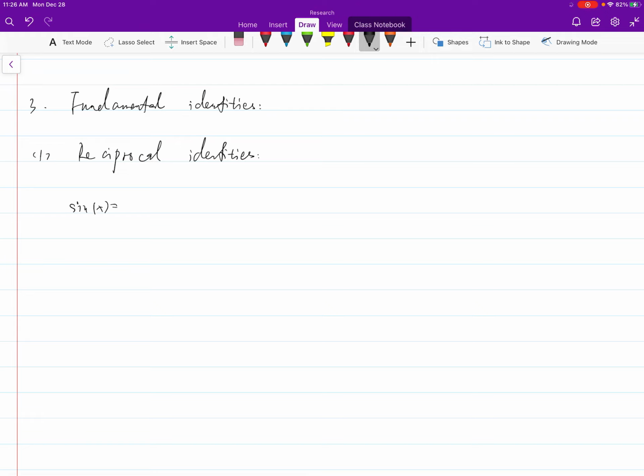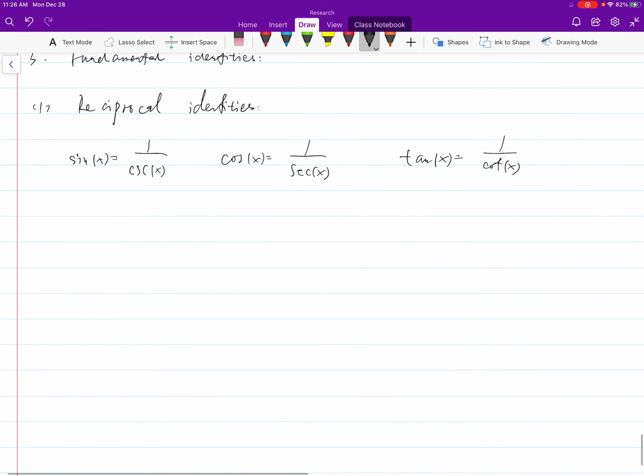That is, sine and the cosecant are reciprocal of each other. Cosine and the secant are reciprocal, and the tangent and the cotangent are reciprocals of each other.